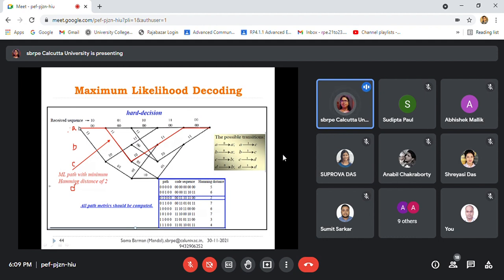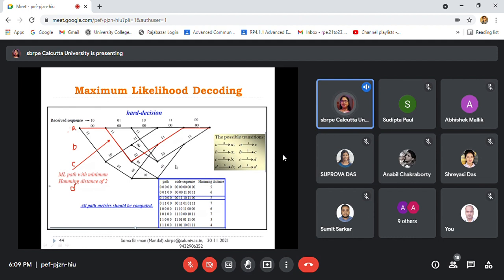If I consider this path, what will be the code word for this path? 0 0 0 0 0 0 0 0 0 0.